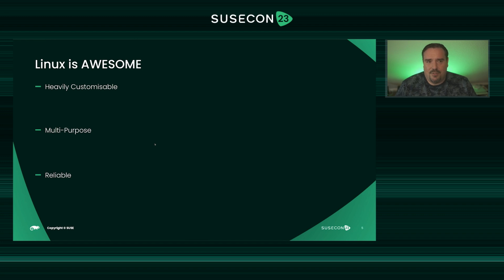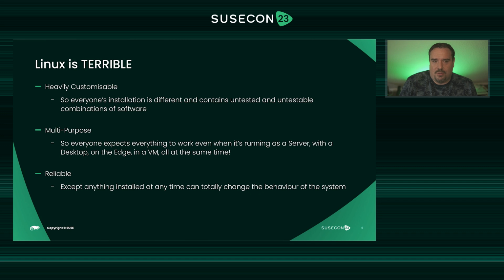But unfortunately, looking at it now with fresh eyes and being somewhat critical of the whole thing, these same attributes that make generic Linux so awesome are also some of the most terrible things about Linux. Looking at it from a support point of view, that customizability makes every single installation different and contains untested and untestable combinations of software.